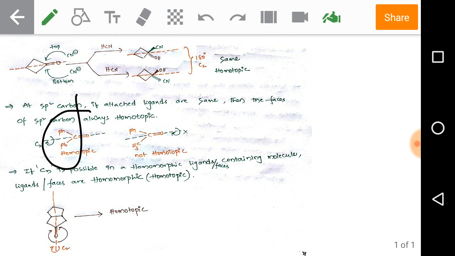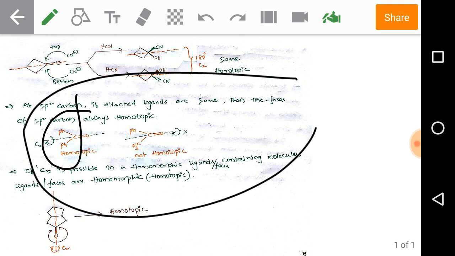If these are present on the molecule, then there is the possibility of a homotopic relationship of the ligands or phases.